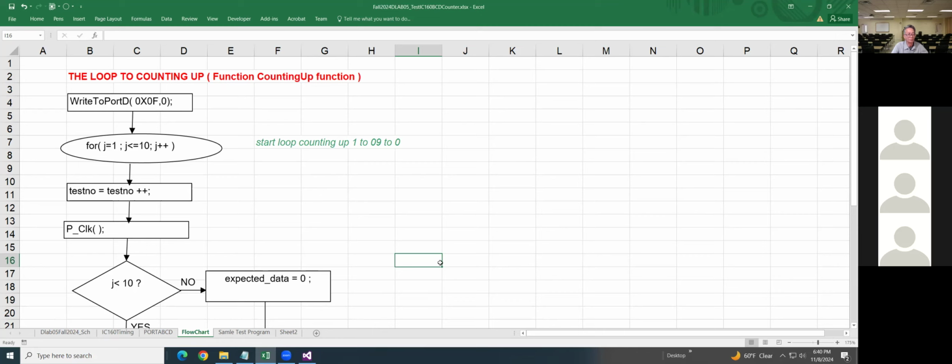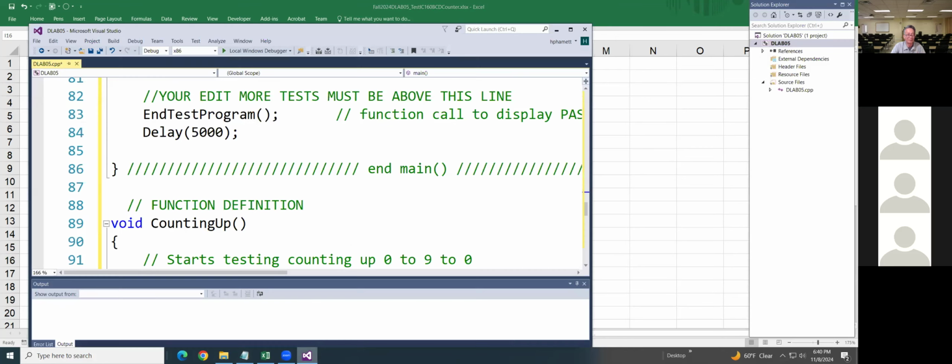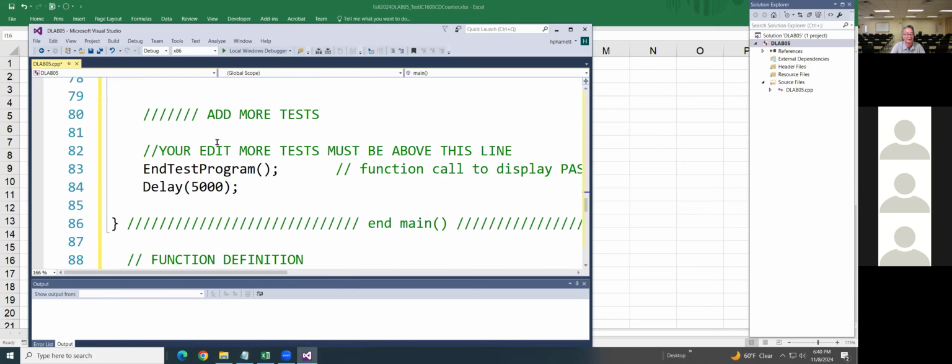So if you have to do the program counting up, you have to type in 10 tests, add 10 more tests.